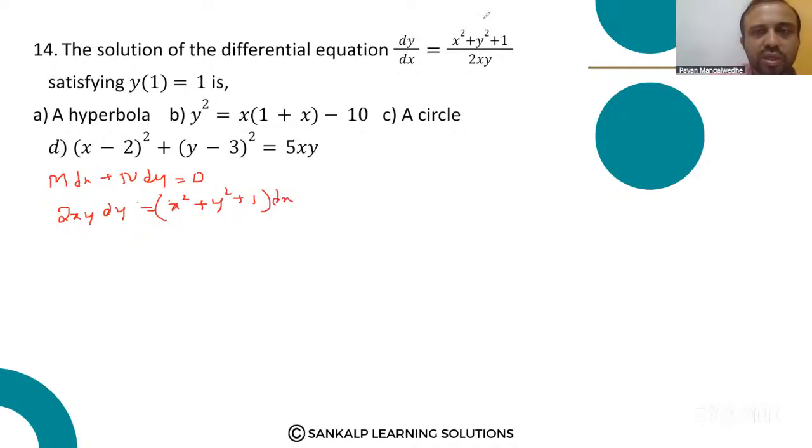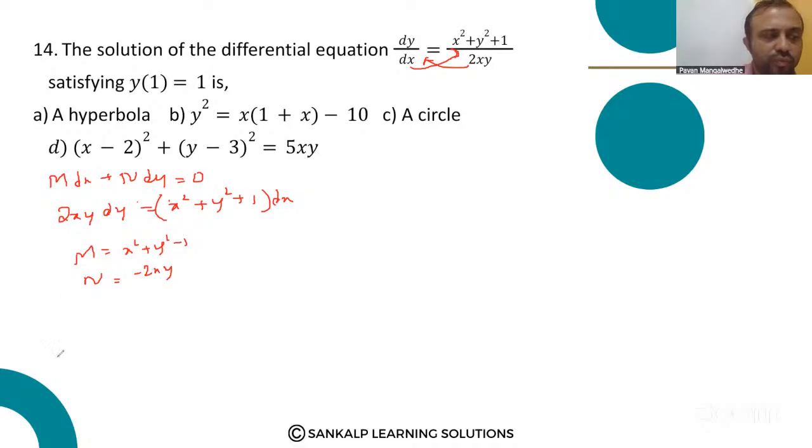So rearranging and differentiating, this is transposed to the other side, so it will become 2xy into dy. And x dx is transposed to the other side. It will become x square plus y square into dx. So now M is what? M is equal to x square plus y square minus 1. And N is minus 2xy.